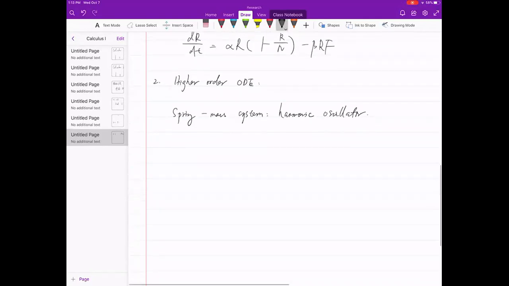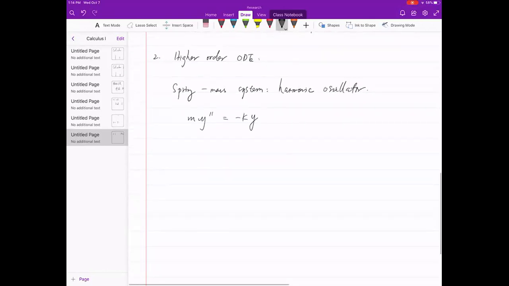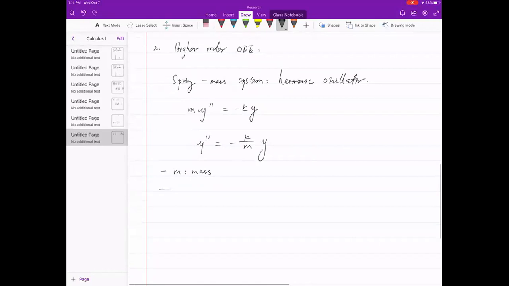If you still recall, it's ma equals F, or more precisely, y prime prime equals negative k over m times y. Here m is the mass and k is the spring constant. And we can have third order derivative, fourth order derivative, and so on.